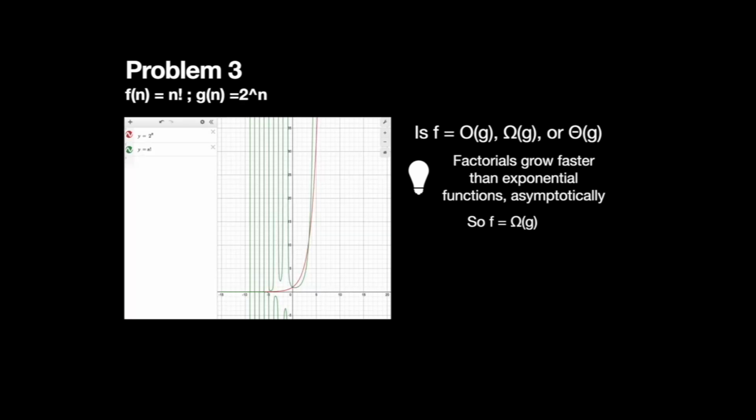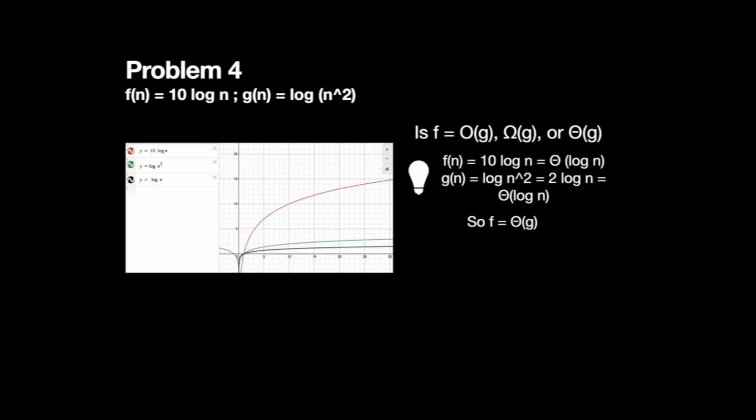And now for the third problem, we are comparing a factorial with an exponential function. We should recall that factorials actually grow faster than exponentials. Hence, f is big omega of g, since f can be thought of as greater than or equal to g for the runtime. Now for the fourth one, we need to use some log arithmetic.